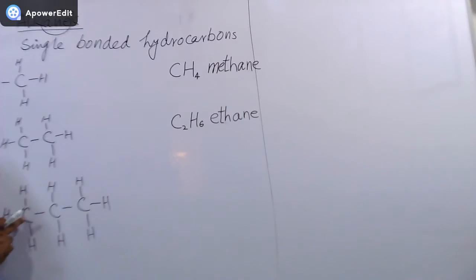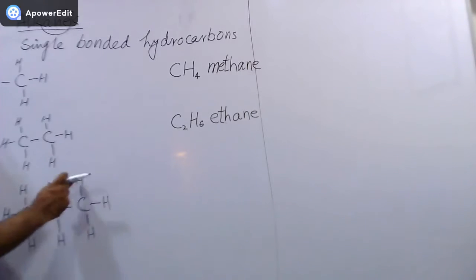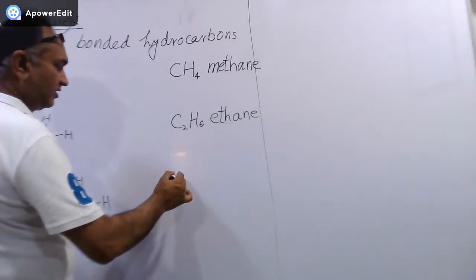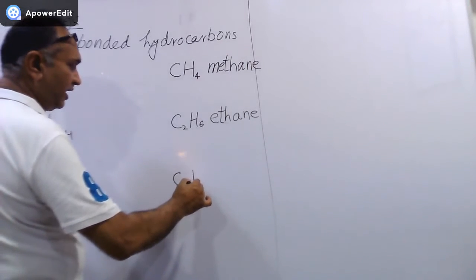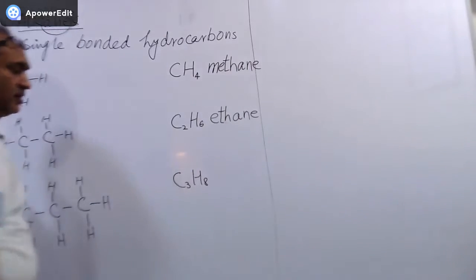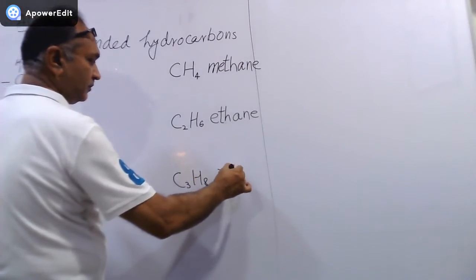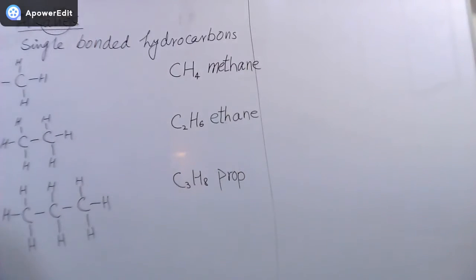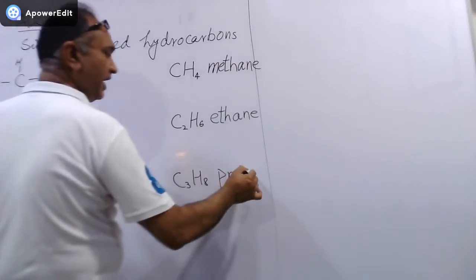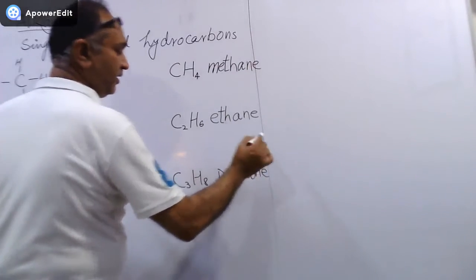How many carbons in all? 1, 2, 3. How many hydrogens do we have? 1, 2, 3, 4, 5, 6, 7, 8. So its condensed formula is C3H8. Prop, ane: propane.